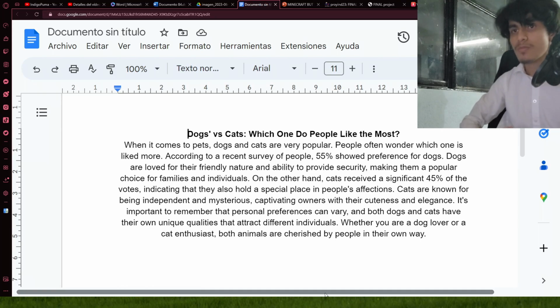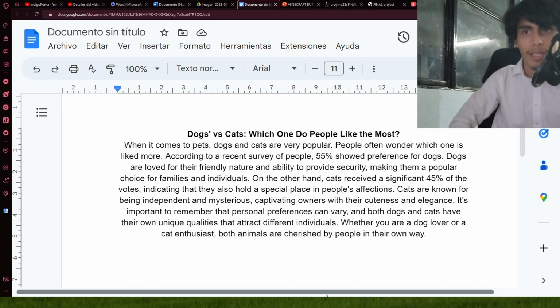Now, dogs versus cats. Which one do people like the most? When it comes to pets, dogs and cats are very popular. People often wonder which one is liked more. According to a recent survey of people, 55% showed preference for dogs.